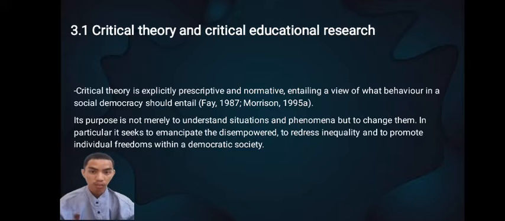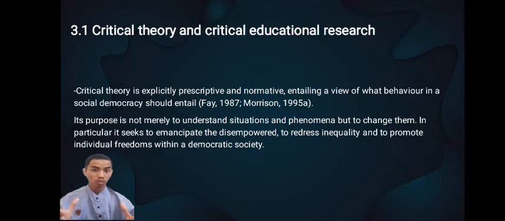Number 1. Critical Theory and Critical Educational Research. Critical theory is explicitly prescriptive and normative, entailing a view of what behavior in a social democracy should entail. Morrison 1995. Its purpose is not merely to understand situations and phenomena, but to change them.